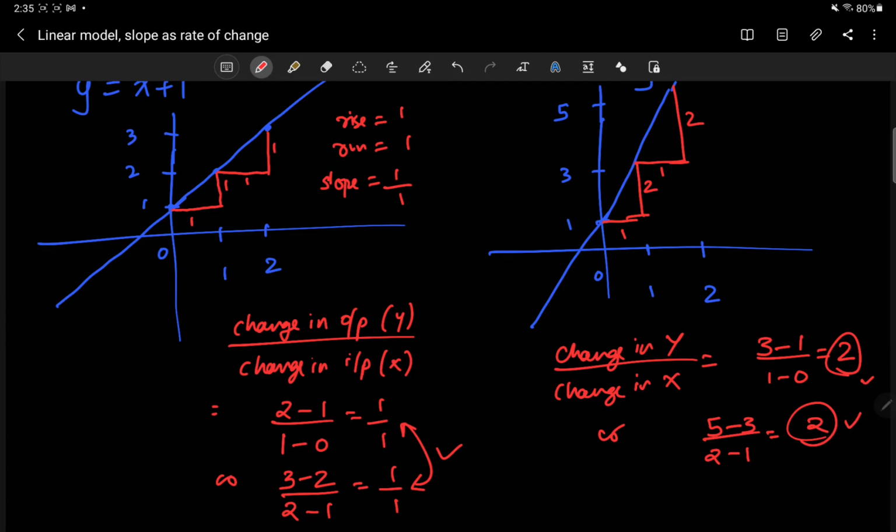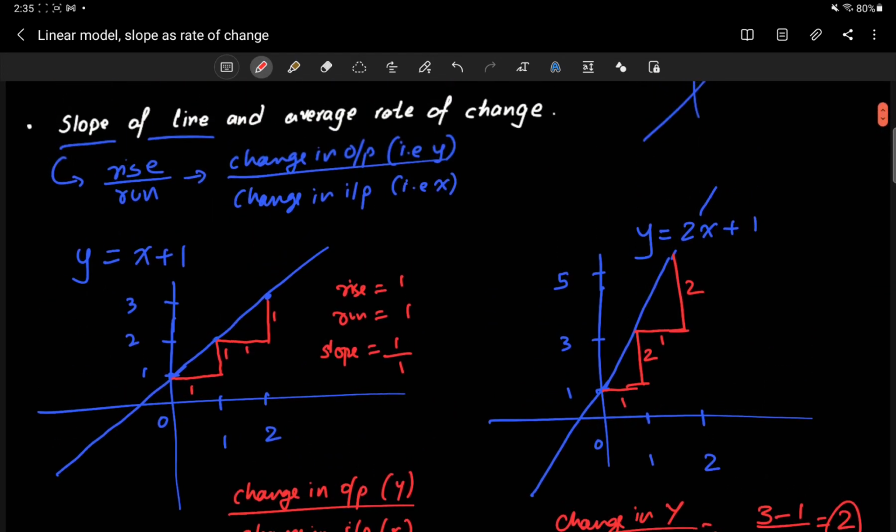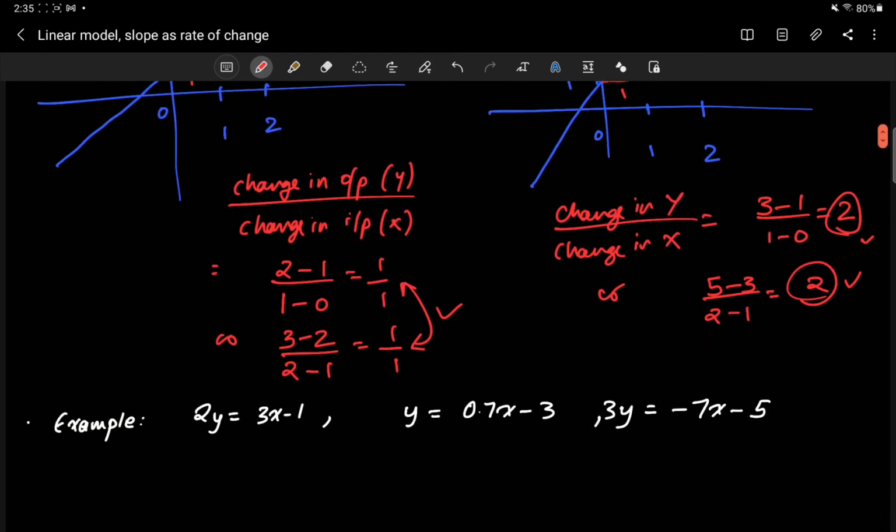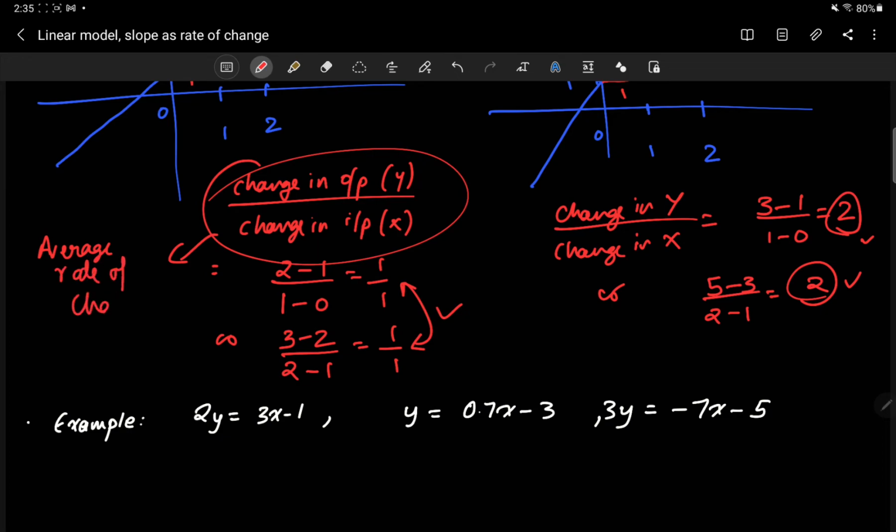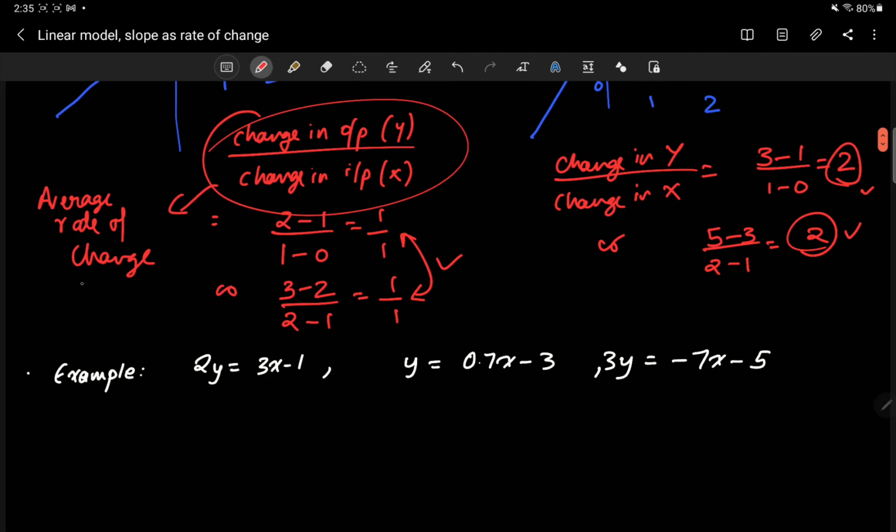Okay, so what this tells us is that this quantity is nothing but an average rate of change. It tells us that the average rate of change is exactly the slope for a straight line.